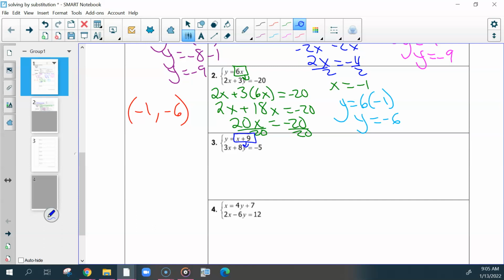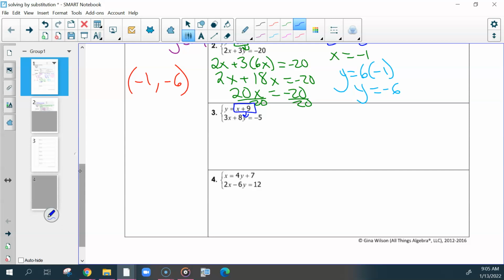So we're going to rewrite that second equation with this expression in it. 3x plus 8 times x plus 9 equals -5. And then you're going to start solving. So this would be 3x plus 8x plus 72 equals -5. We could combine the terms.